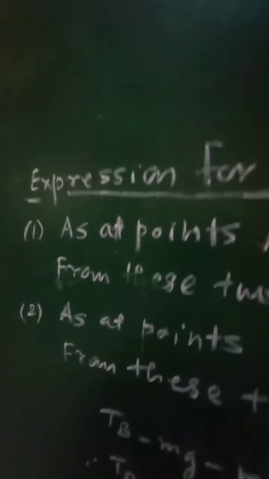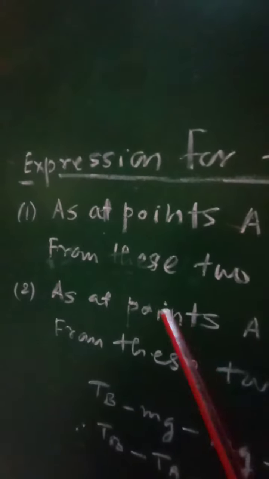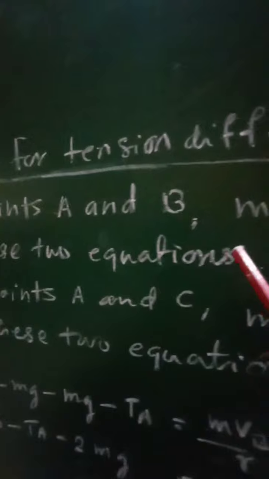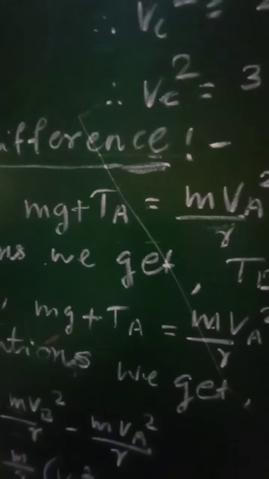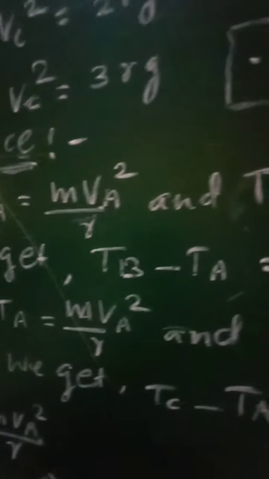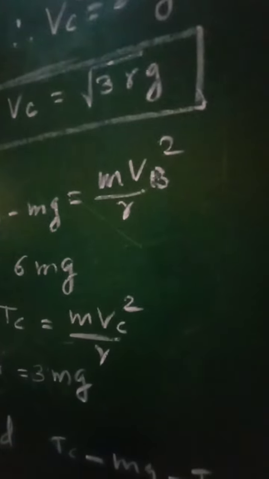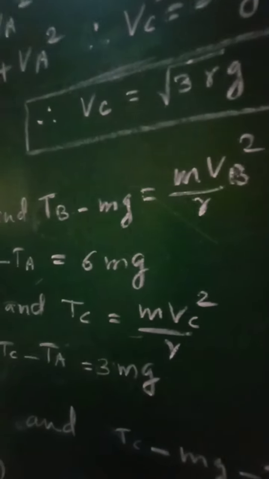For that purpose, let us consider the first one, at points A and B. At points A and B, mg plus TA equals m Va square upon r, and TB minus mg equals m Vb square upon r.